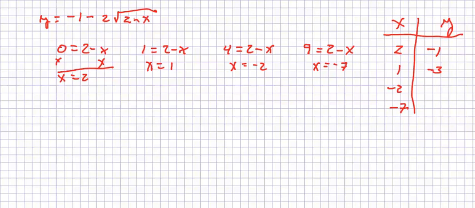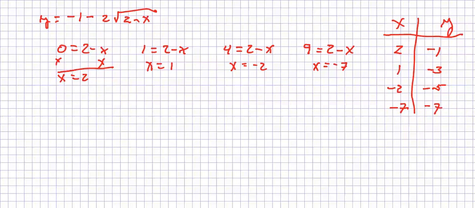Put in negative 2, I get 4. Square root of 4 is 2. Times 2 is 4. Negative 1 minus 4 is negative 5. If I put in negative 7, I get 9. Square root of 9 is 3. 3 times 2 is 6. Negative 1 minus 6 is negative 7.